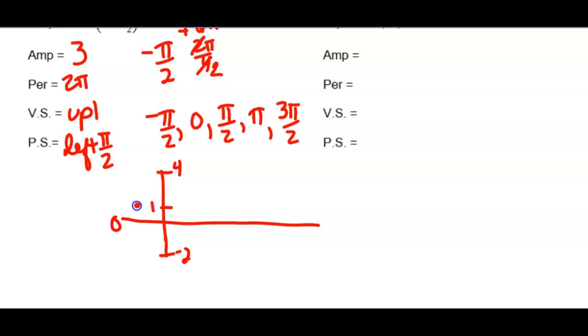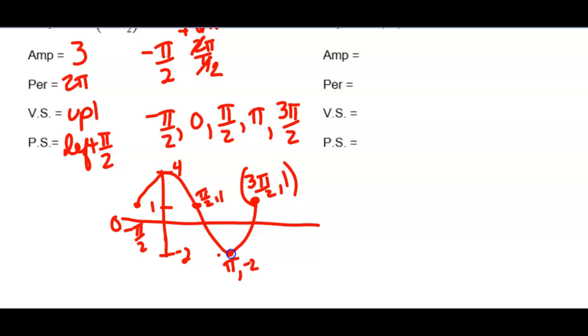Starts at the midline. And finishes back at 3 pi over 2, 1. Okay, we have negative pi over 2, 0. This would be pi over 2, 1.